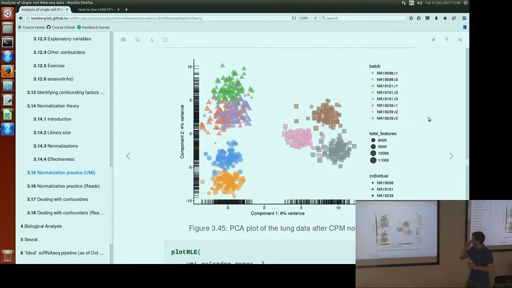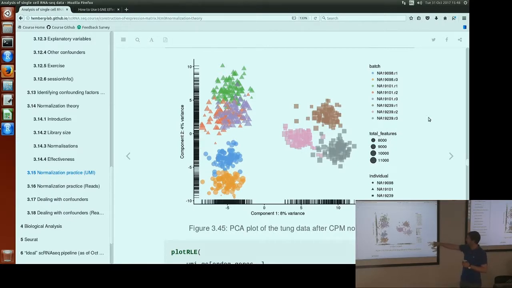Now we have 3 distinct groups of cells which correspond to the 3 individuals. For 2 of the individuals, we really see a strong effect of batch within the individual. In this case, for this individual, the 3 different batches really don't overlap much at all, although they are distinct from cells from the other 2 individuals.